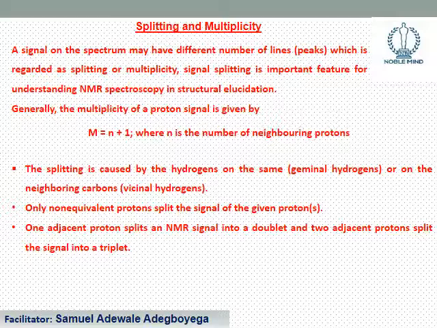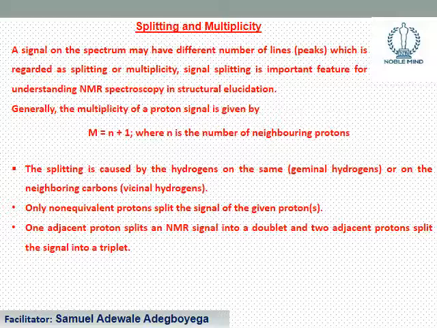So splitting is caused by hydrogens on the same carbon atom, which you call geminal hydrogens, or on the neighboring carbon atoms, which you call vicinal hydrogens.